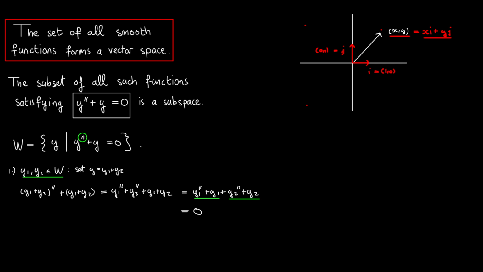But something similar is happening for this particular space here. There's really two important solutions to this differential equation. I'm sure you can see that sin x and cos x are solutions.